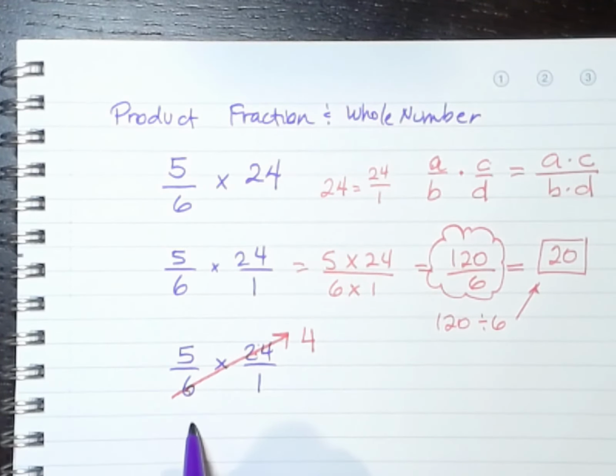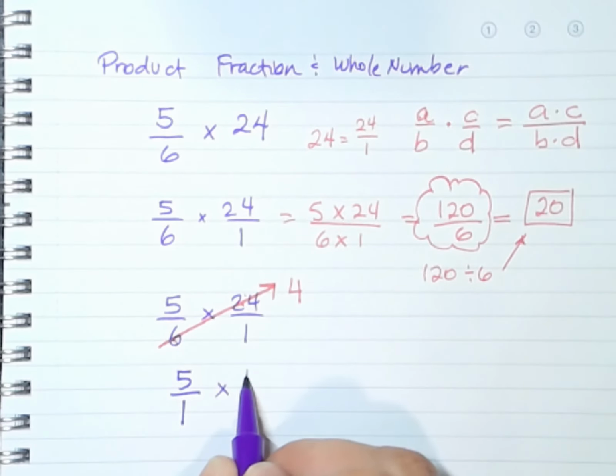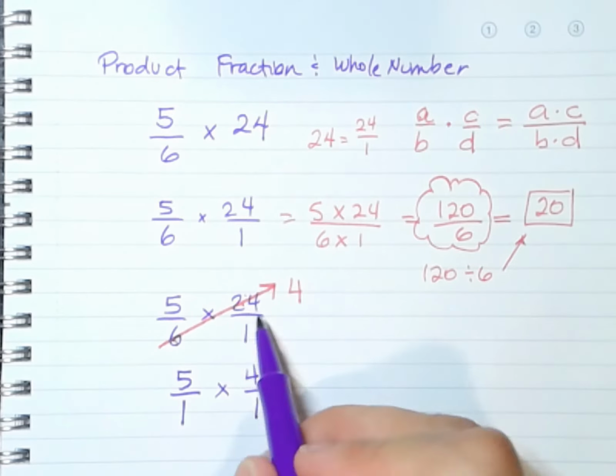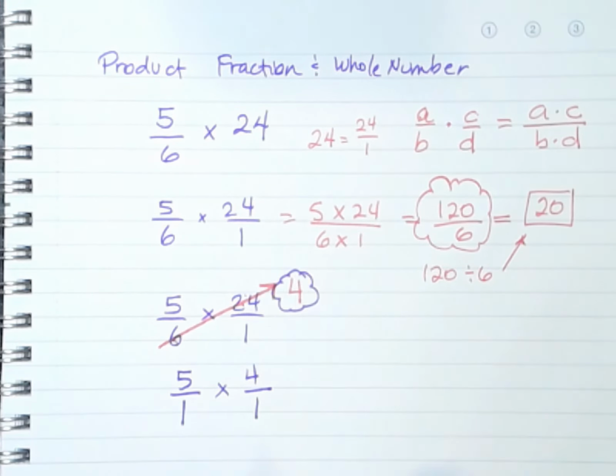My problem now says 5 over 1, because that 6 divided out, times 4 over 1, because the 24 divided out, and remember I was left with 4. And so 5 times 4 is equal to 20, and 1 times 1 is 1, and we always write our whole numbers as a whole number. Remember, division by 1 makes a whole number.